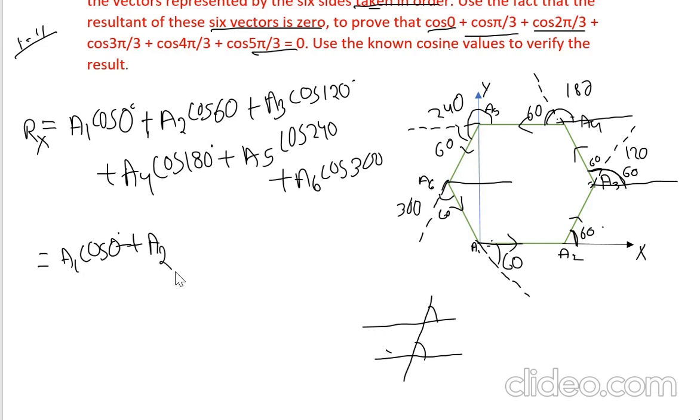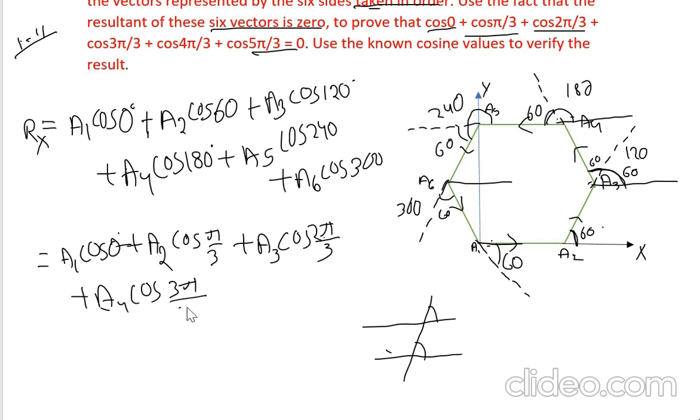Similarly, it's A2 cos pi by 3, because 60 degree is pi by 3, plus A3 cos 2 pi by 3, plus A4 cos 3 pi by 3, plus A5 cos 4 pi by 3, plus A6 cos 5 pi by 3.